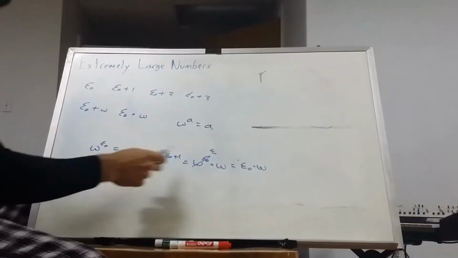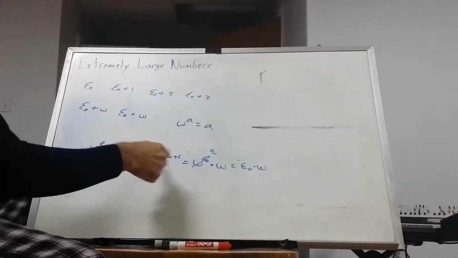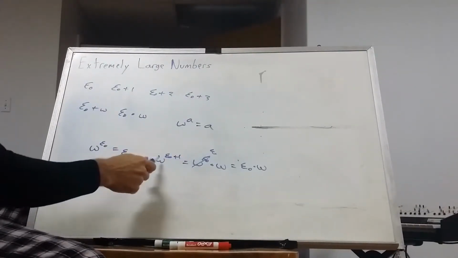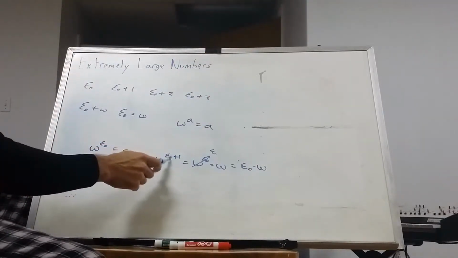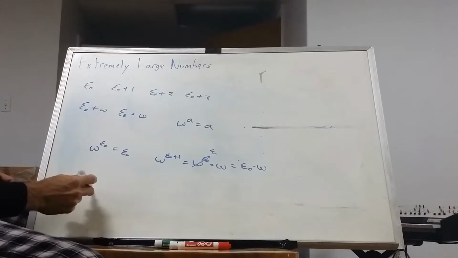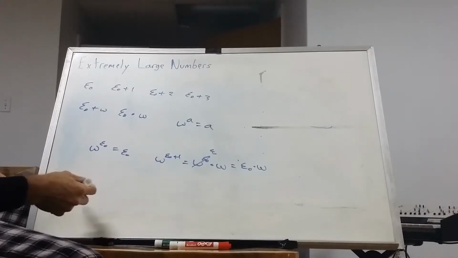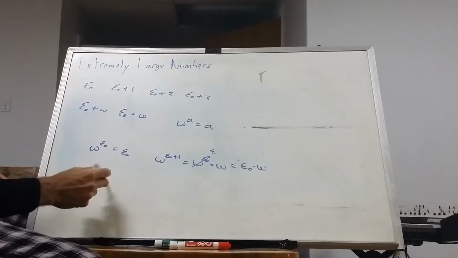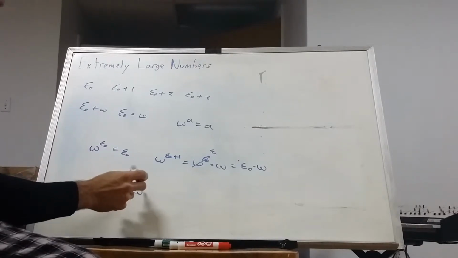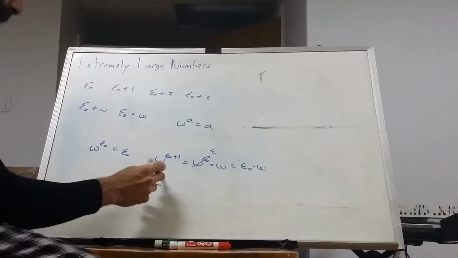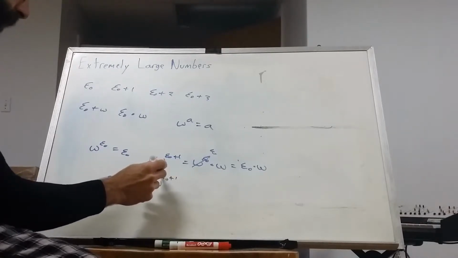So we're going to use this kind of trick here to create another infinite tower of omegas, and then just plop this thing on top. So you can imagine, if we want to make bigger and bigger ordinals, we can do omega to the epsilon naught plus 1, omega to the omega to the epsilon naught plus 1, and so on.